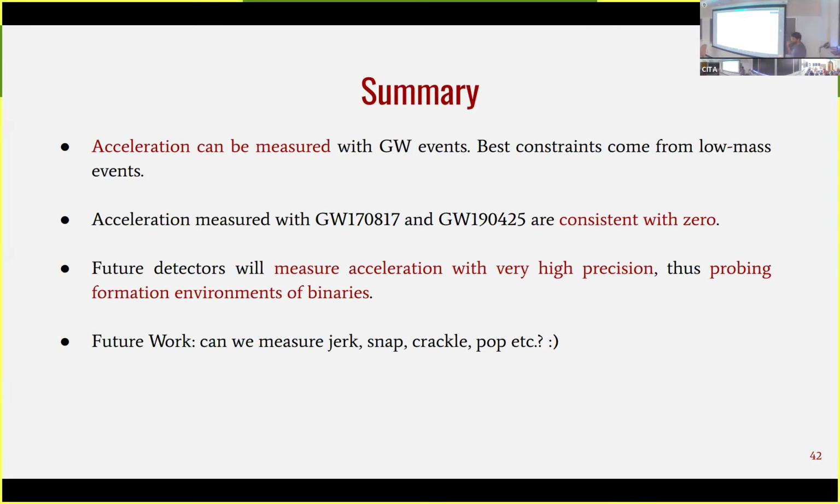And the future work is, apart from measuring acceleration, you can also try to measure higher derivatives of acceleration: jerk, snap, crackle, pop, etc., whatever. But the really cool thing is that when you measure acceleration, you're sensitive to GM over r squared, or in other words, omega squared r. But when you have higher derivatives of acceleration, you're sensitive to omega cubed r, omega to the 4th r, and so on and so forth.